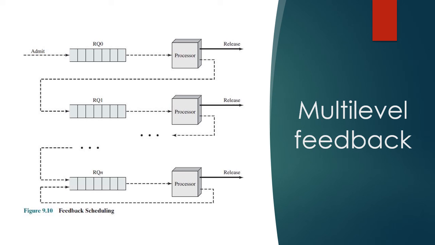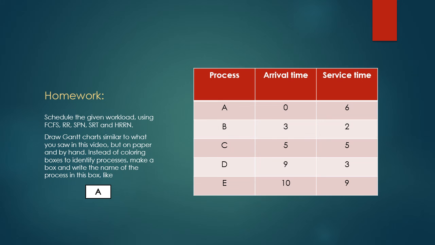When a process is taken off the processor after running once, it is sent to RQ1. After the second quantum on the processor, it goes to RQ2. Ultimately, a very long process goes to sit in the lowest priority ready queue. This means late arriving short processes are selected before early arriving long processes.